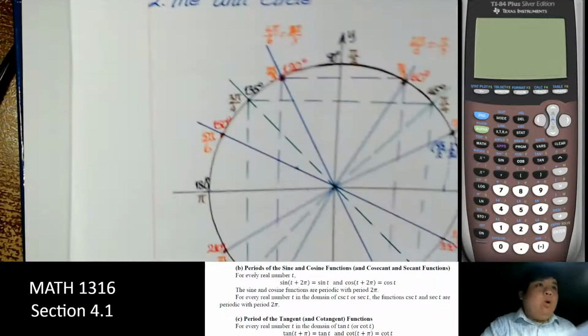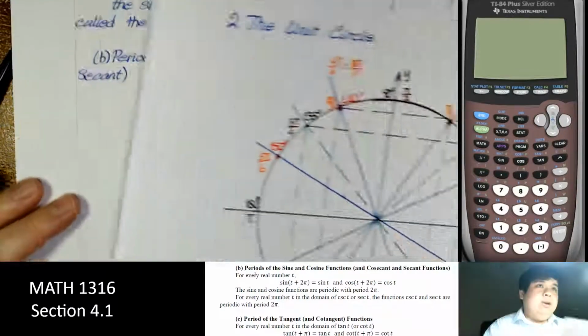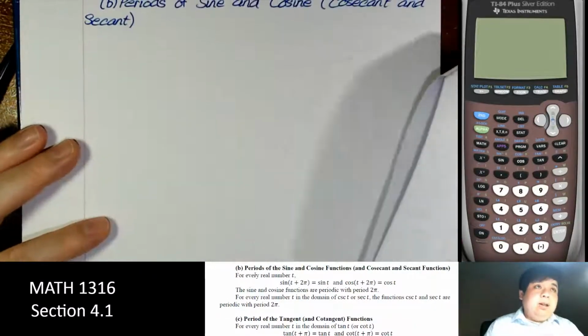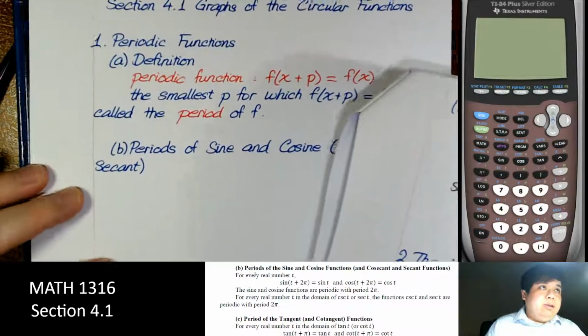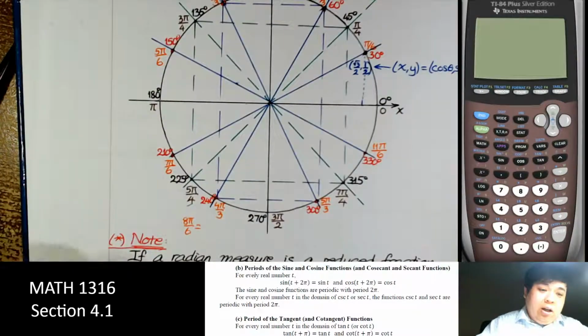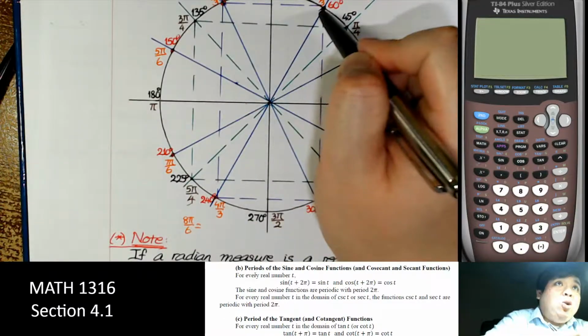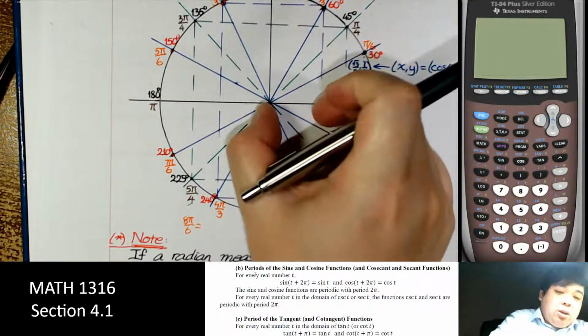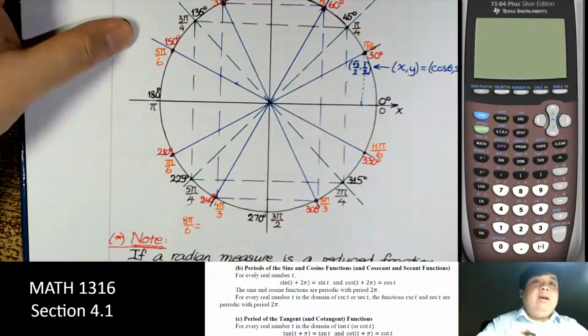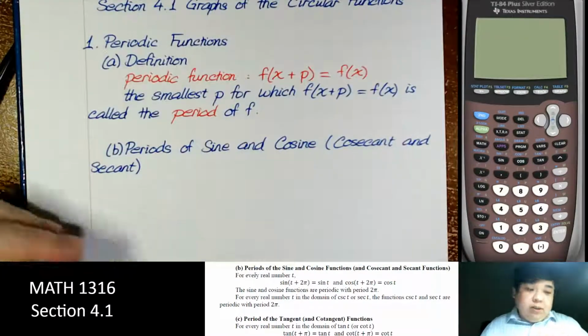Right. Let me go back to the circle, the unit circle. Now, once again, if we go one complete revolution, we get back to the same point. Therefore, the x values and the y values will stay the same if we go an extra revolution.